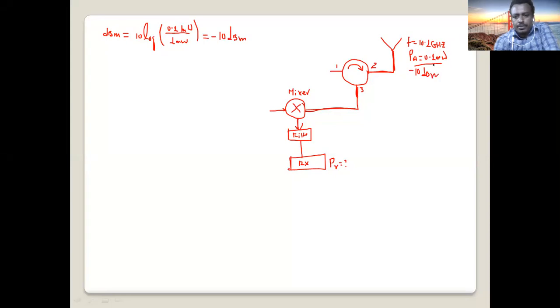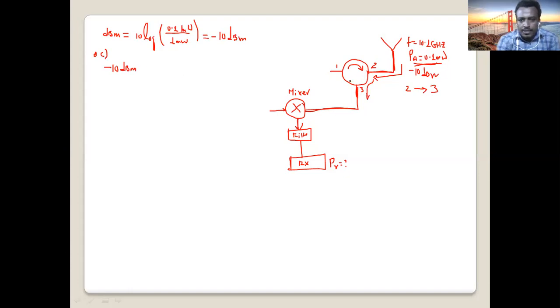I converted the power picked up by the antenna into dBm. Then the signal comes to the circulator. The circulator guides the signal from port 2, which is the antenna, and sends the received signal to port 3 because it is clockwise. How much power from the antenna? Minus 10 dBm. That is the signal power we get from the antenna. This is part C where I'm calculating.